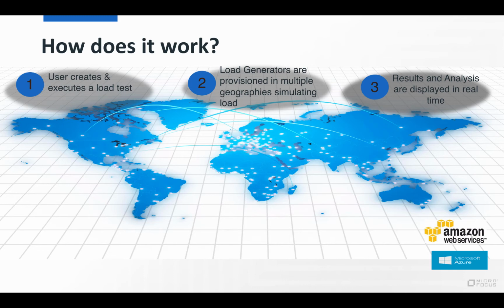You choose where to run the test. We rely on Amazon and Azure regions to create the environment for the test. And once you click on the run test, we will spin up and create a machine dedicated to your tests, and you will start seeing results in less than 5 seconds.